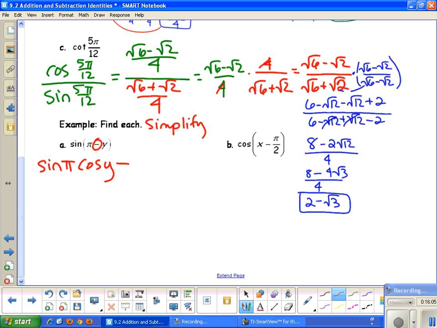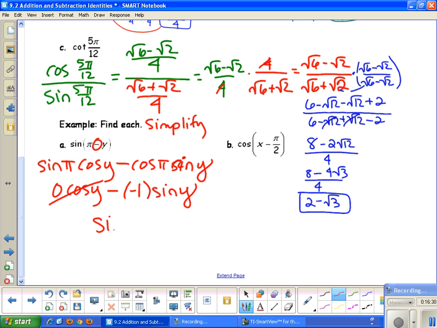Since this is minus, and then the cosine of the first angle, which is pi, times the sine of your second angle, which is y. The sine of pi on your unit circle, remember, is equal to 0, so this would be 0 times the cosine of y, minus the cosine of pi is negative 1 times the sine of y. So if I do that, this would cancel out, and I have negative 1, which becomes positive 1, so this simplifies into the sine of y.